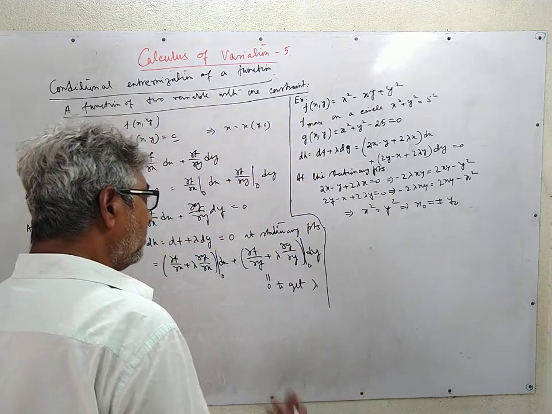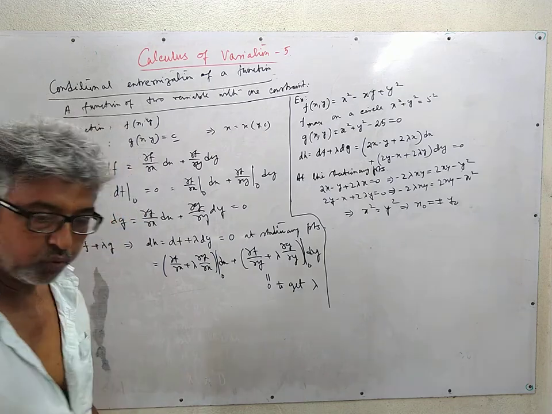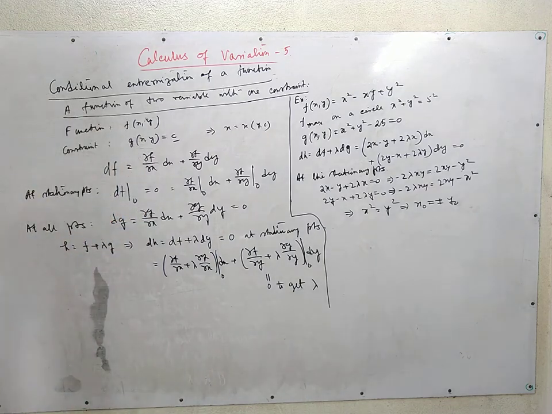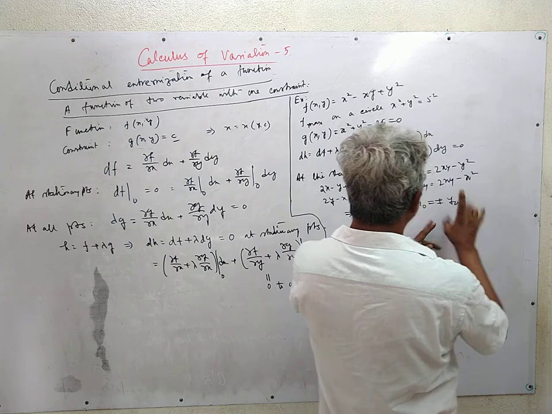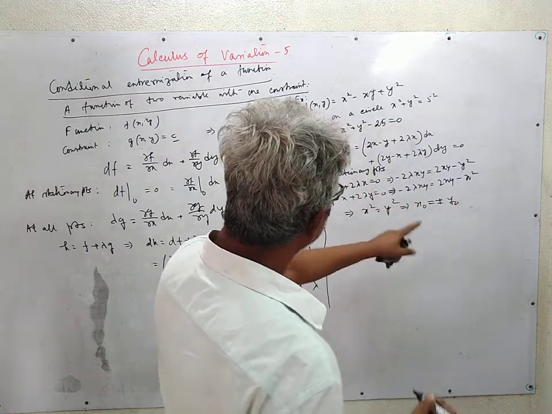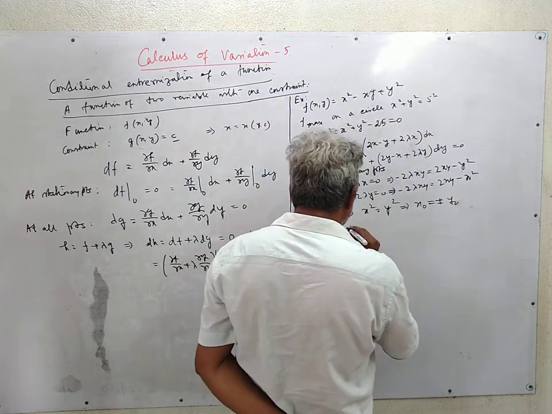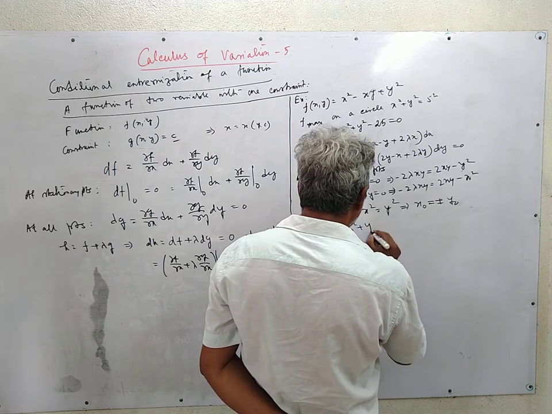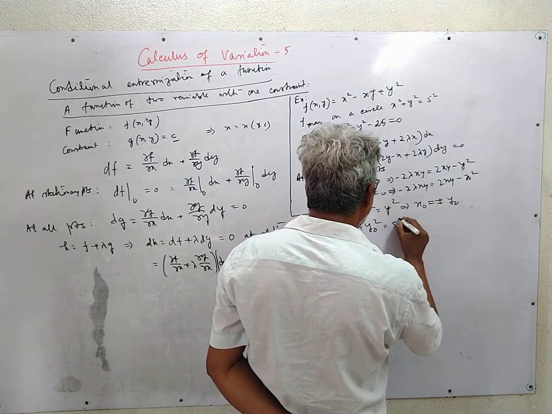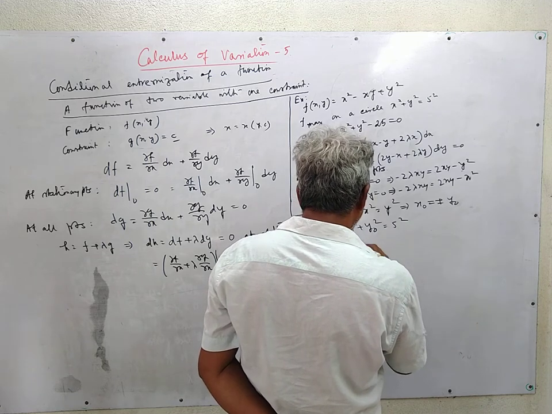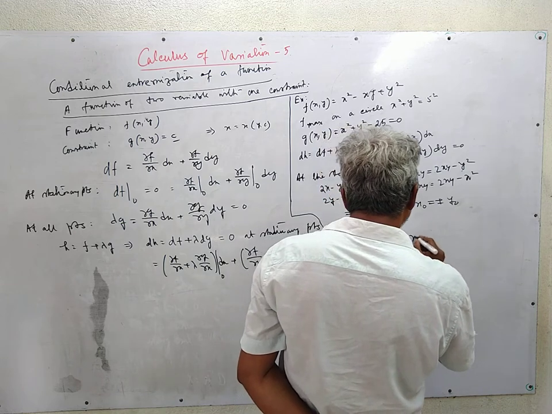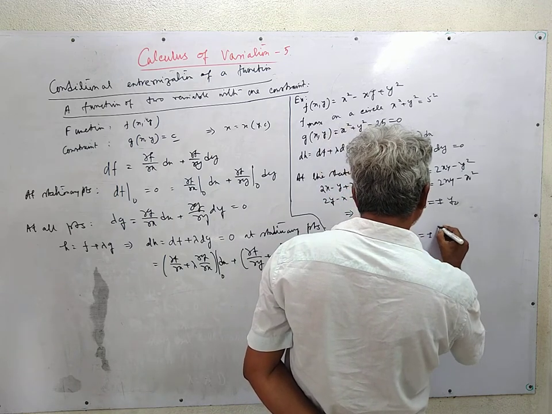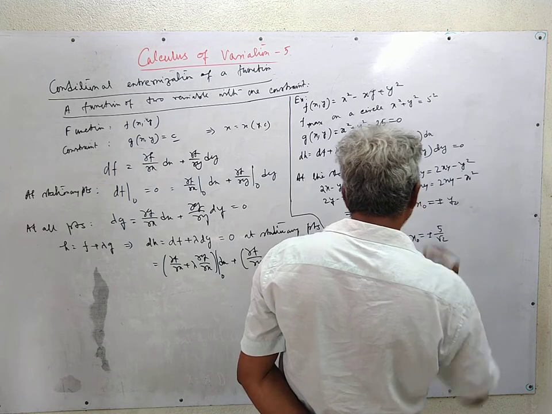Now, what is the value of x0, y0? We have only come to the conclusion of this relation. So we put this into the constraint, so that x0² + y0² = 5², or 2x0² = 25, or x0 = ±5/√2.